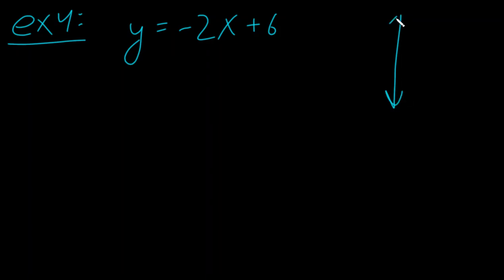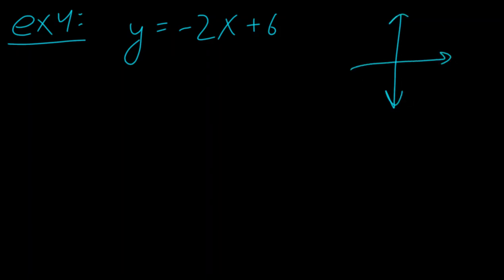Okay, final example and final type of problem that we could see. Here we have y is equal to -2x plus 6. Now I would encourage you to pause the video and try to graph this one on your own by yourself and see if it actually works out for you. Now, I know that you're all great students, so you've paused it.